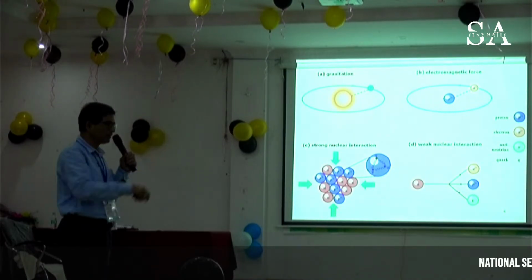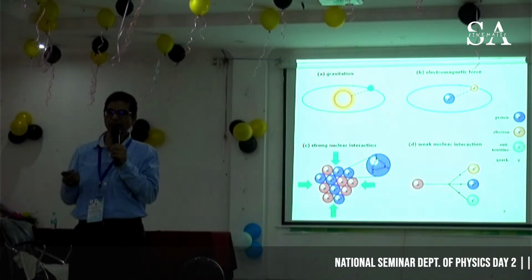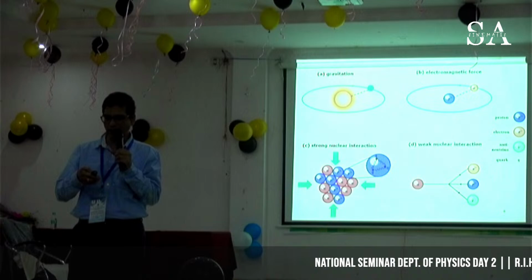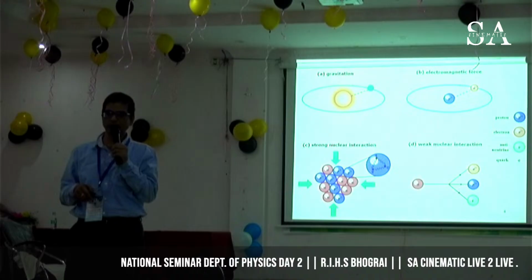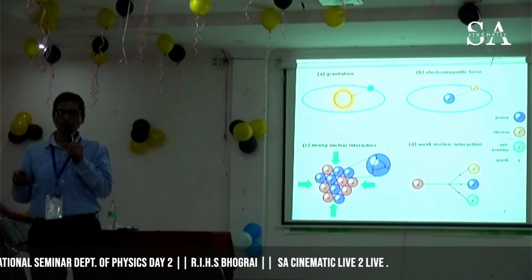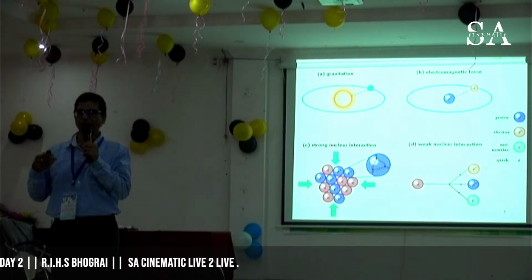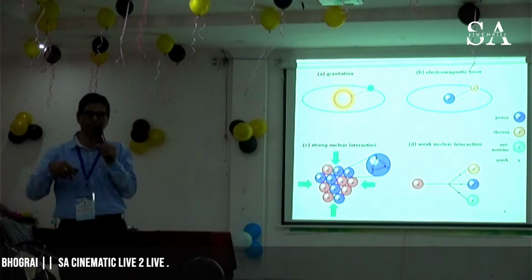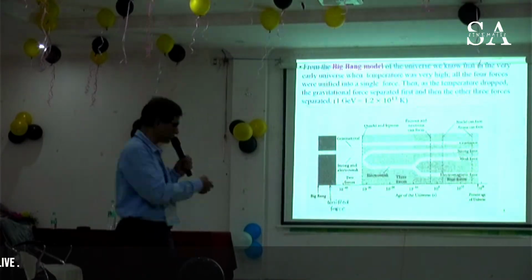Then the weak nuclear force basically acts at the atomic scale, for example beta decay, where a neutron decays into a proton, an electron and an electron-type antineutrino. Then the strong nuclear force binds quarks inside protons and neutrons. Later on, we can say that the protons and neutrons inside the nucleus are bound by this strong force.